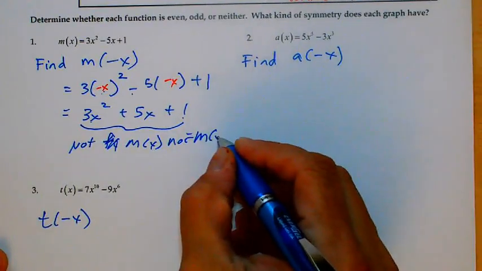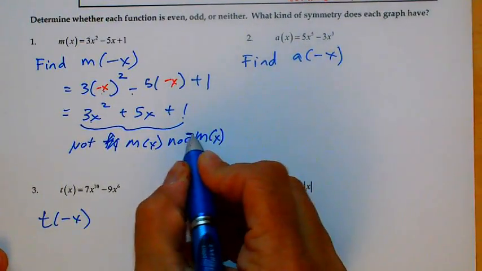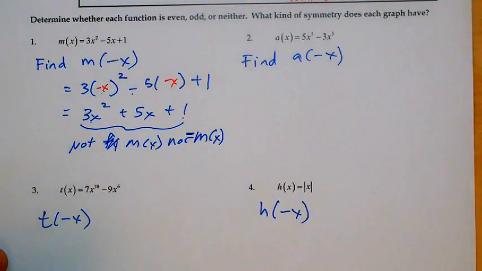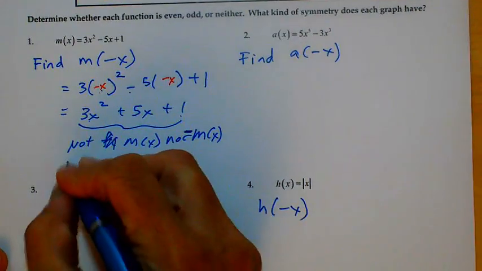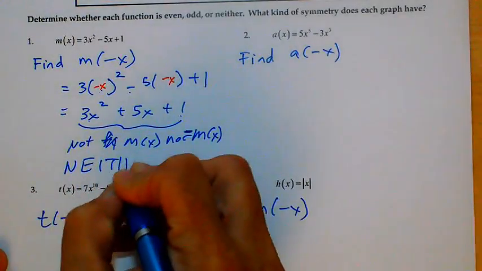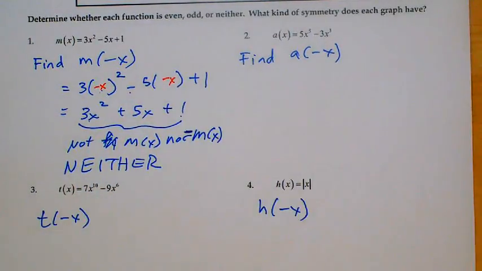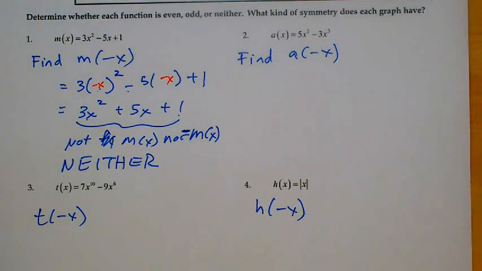It is not negative m of x either. So this function is neither even nor odd. It does not have symmetry with the y-axis or the origin. It might have other symmetry. In fact, it does, but it does not have the two types we're looking for.